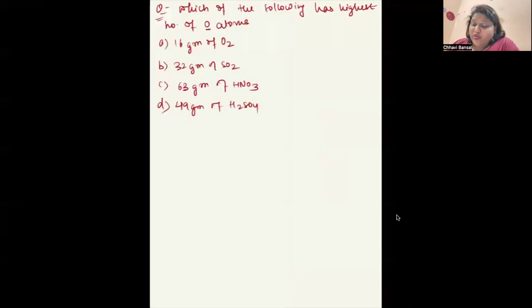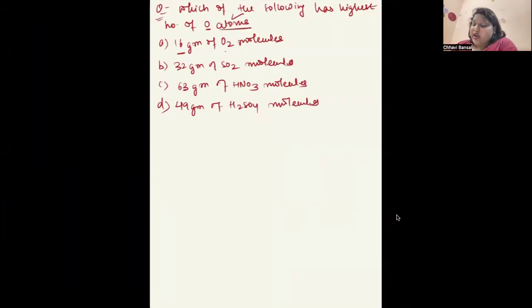Now we have to find out the oxygen atoms, right? What are we given? We are given grams of molecules. So let's forget what we have to find out, whether it is atom or molecule.